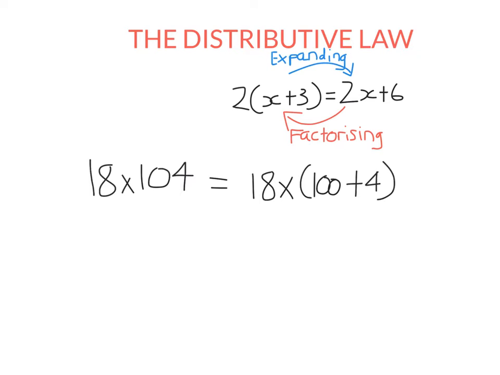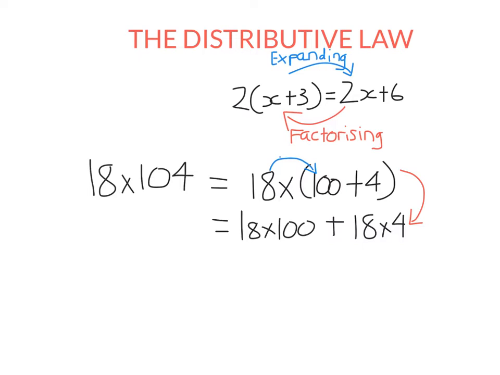What you would do in your head is go 18 times 100, 18 times 4, and then add your two answers together. So from here to here, following this arrow, you have expanded the brackets using the distributive law. We call it the distributive law because we distribute what's outside the brackets to both things.